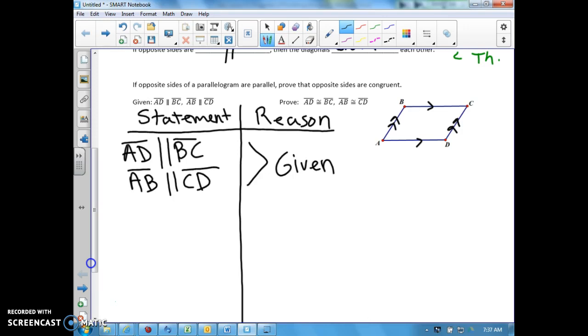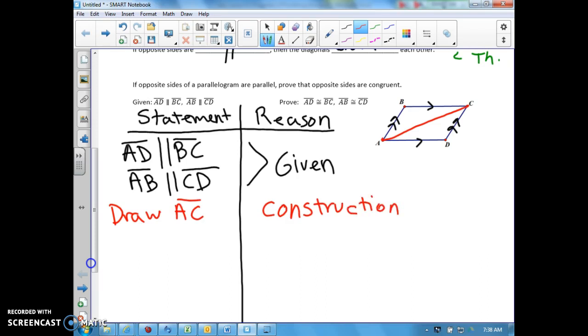And I'm going to start this proof by drawing in something to help me out. I'm going to draw in a diagonal, AC. So I drew in AC by construction, because I can. And what this has done, this has created two triangles that I can work with now. And these triangles are really nice because I'm going to have some lovely alternate interior angles that are congruent.